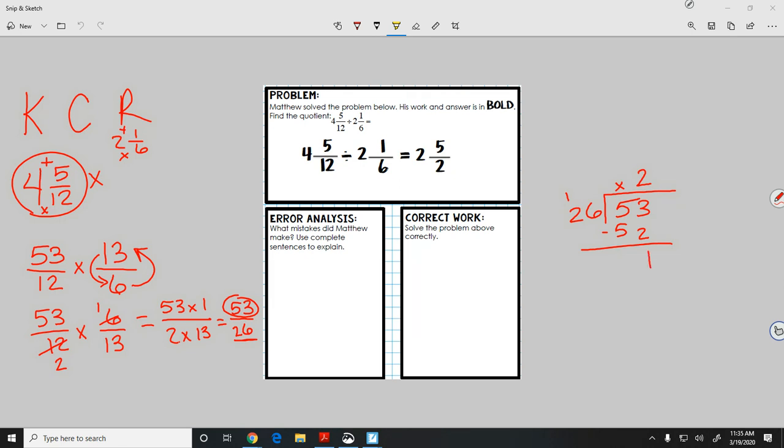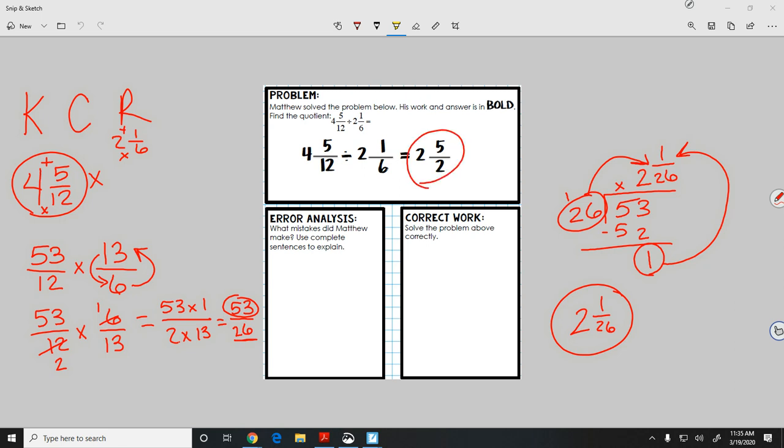There's nothing else to bring down, so our remainder becomes our numerator, and the divisor goes back to being our denominator. So the final answer should have been 2 and 1/26.